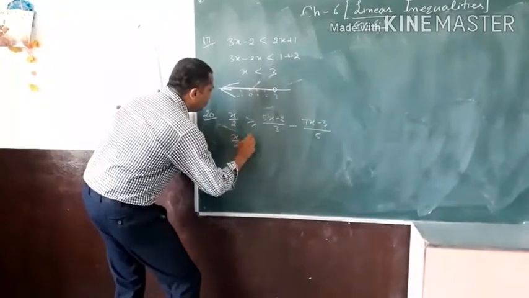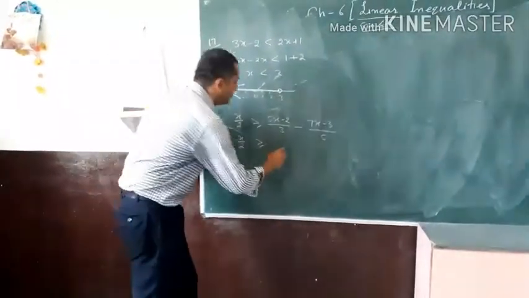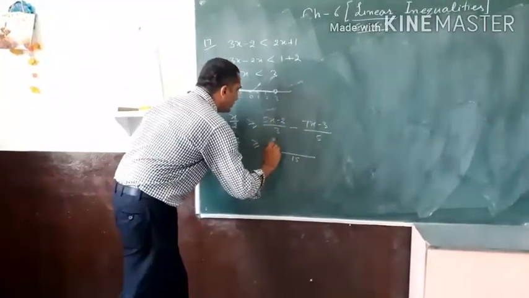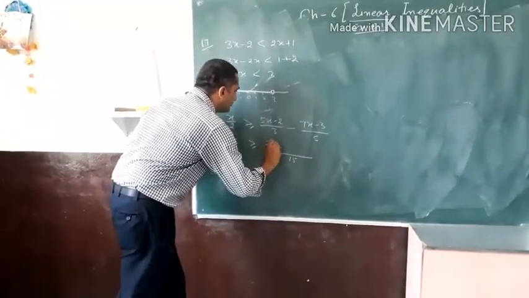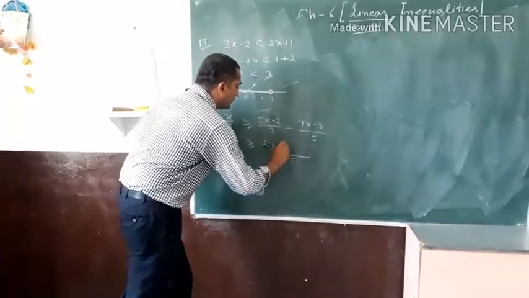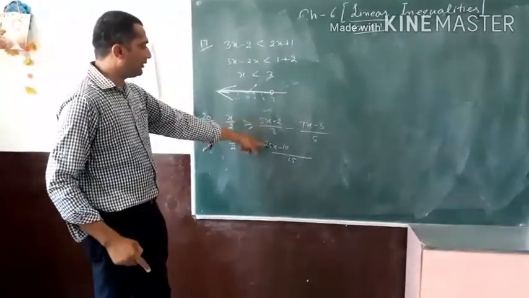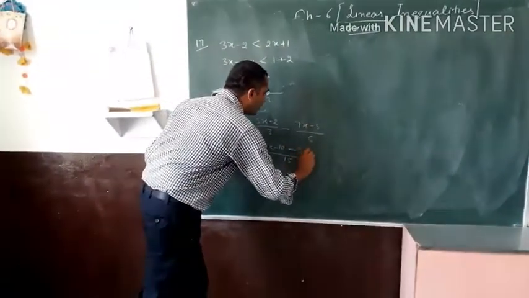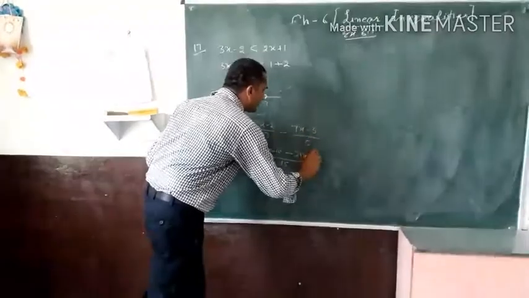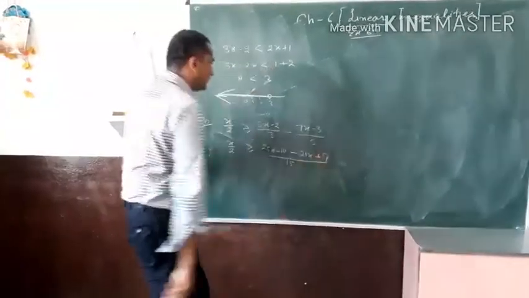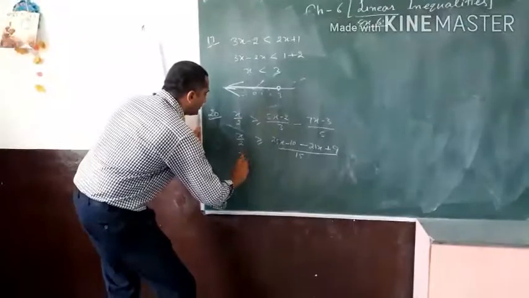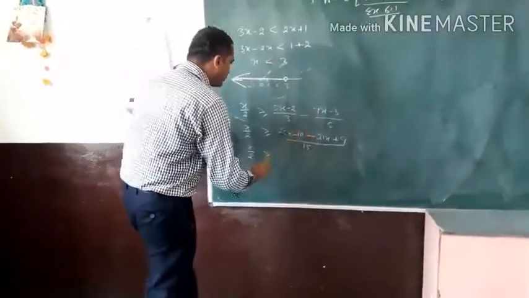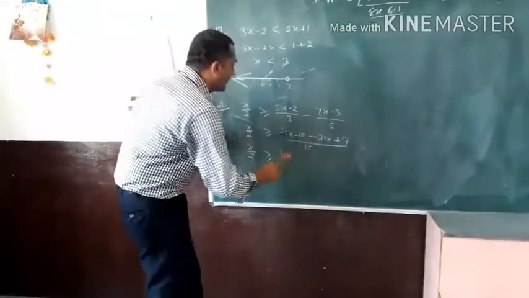X over 2 greater than or equal to, the LCM will be 15, 3 fives are 15, so 25x minus 10, and multiply the next term by 3, so minus 21x plus 9. So it will be x by 2 greater than or equal to 25x minus 21x, which is 4x minus 1, over 15.